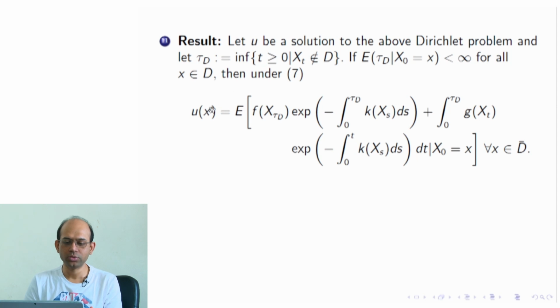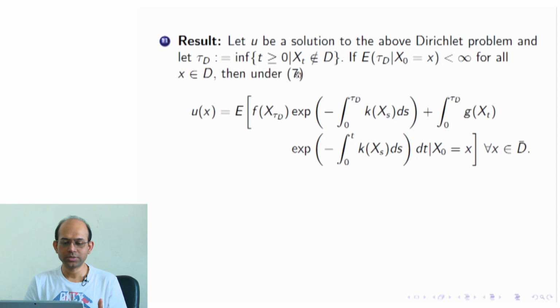Then the solution would be written in this manner, where tau D is the first exit time from the domain D. We also assume that the conditional expectation of tau D is finite for any starting point x from domain D.